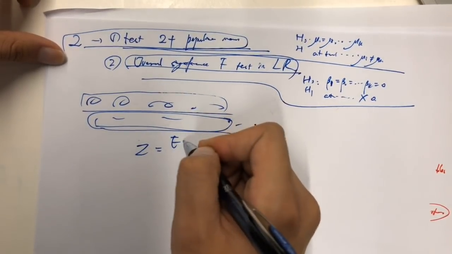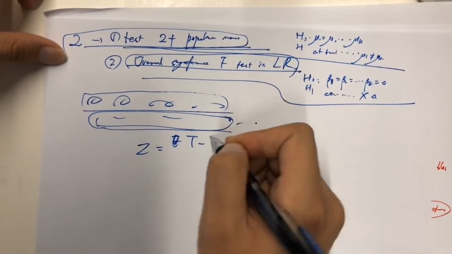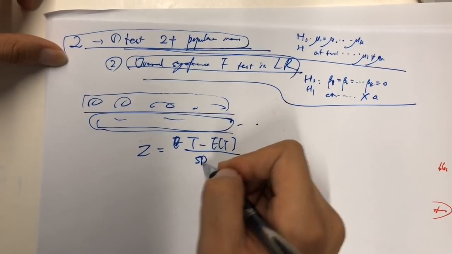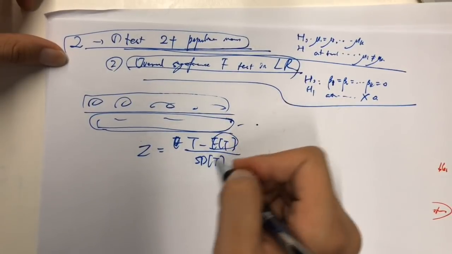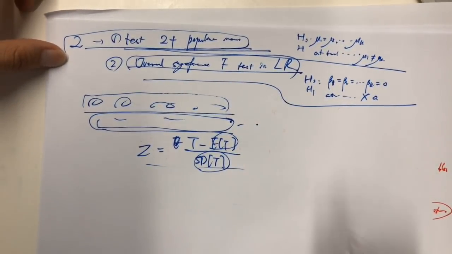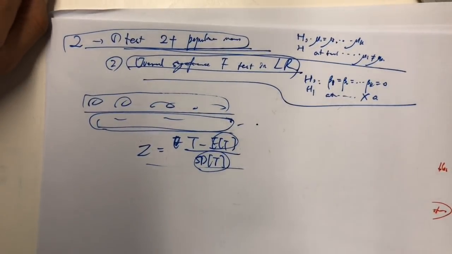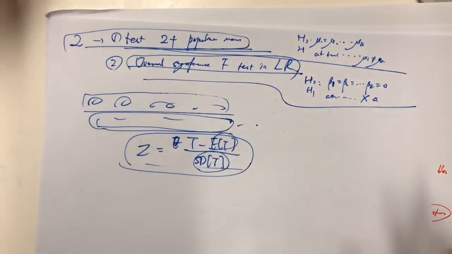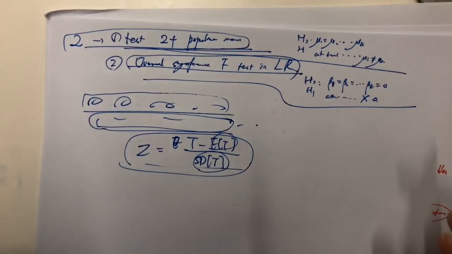So z is simply the rank sum minus E(T) divided by the standard deviation of T. And I think this is going to be the hardest question you can have for the Wilcoxon rank sum test. So just go back and see our assignment feedback, okay?